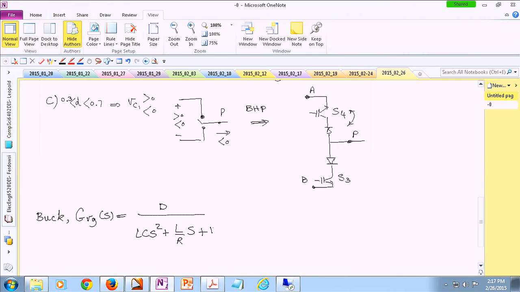And this D over here should not be a surprise to us, because D is representing the DC value of this transfer function.